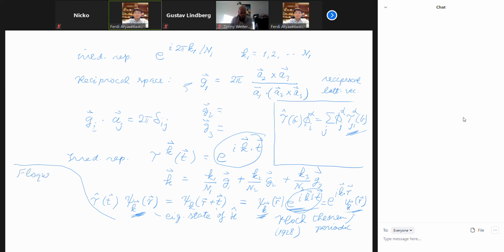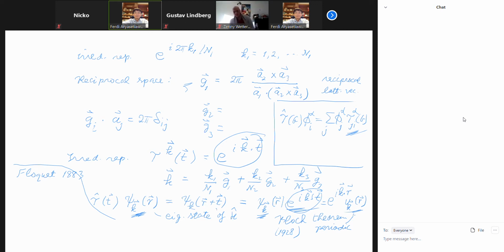He's a mathematician, and he has exactly the same theorem, but I don't know why this is done, because I think probably Bloch didn't know about this Floquet theorem. It's exactly the same theorem, except that he did not consider a lattice, but more general differential equations with a certain periodicity in the potential.